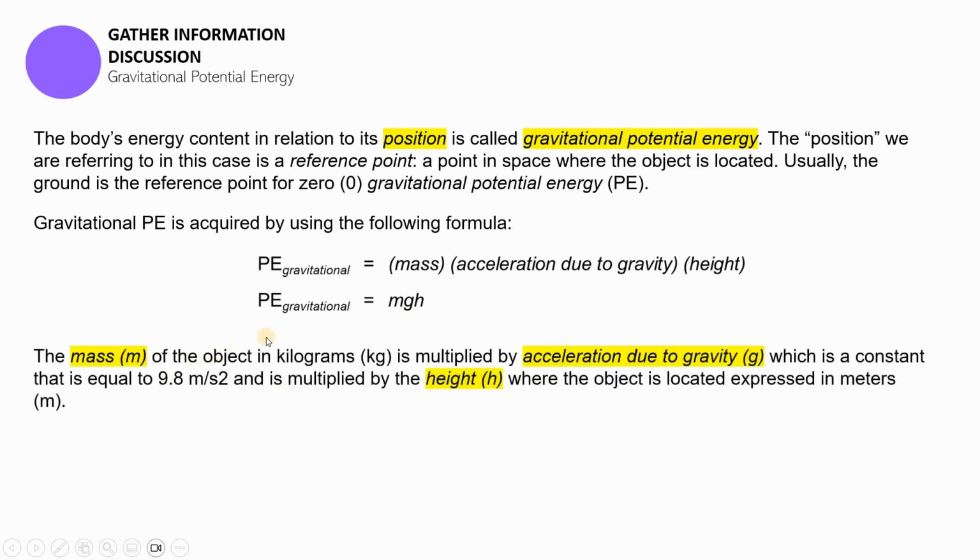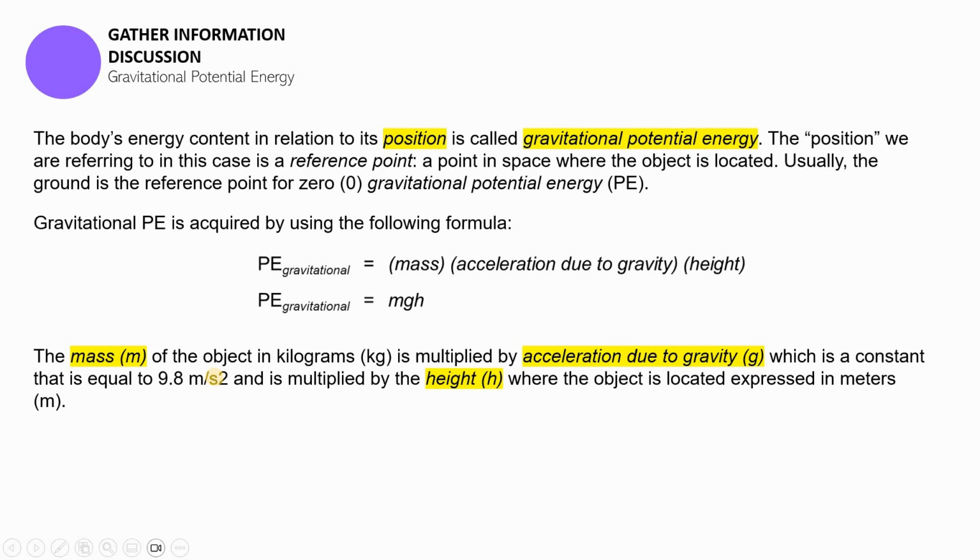Now, the mass of the object in these problems should be reported in kilograms as much as possible. It has to be multiplied by acceleration due to gravity, which is a constant and is equal to 9.8 meters per second squared. And then it's multiplied by the height where the object is located, expressed in meters, or m.